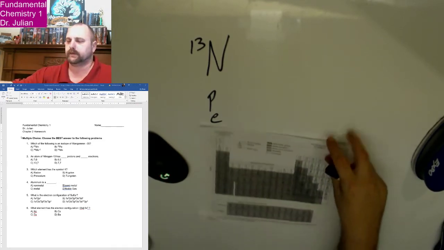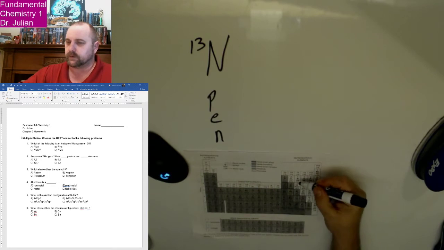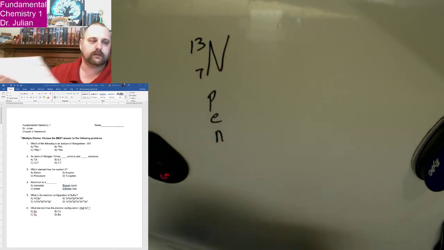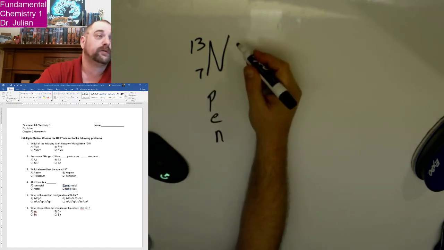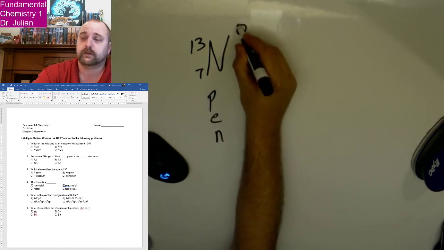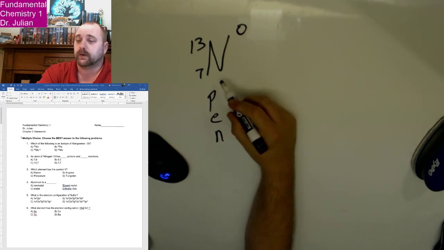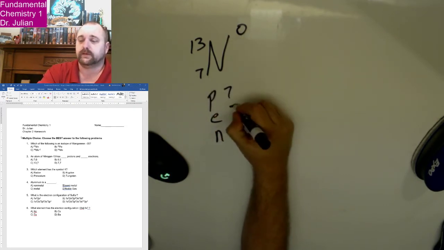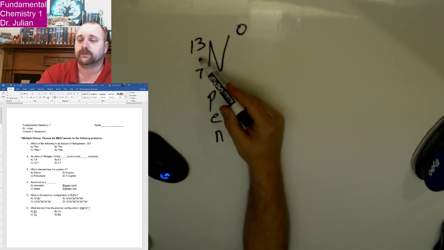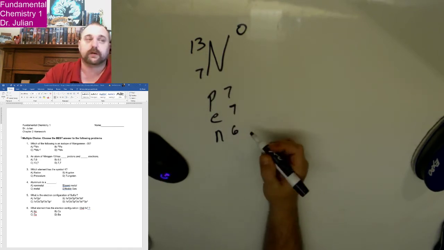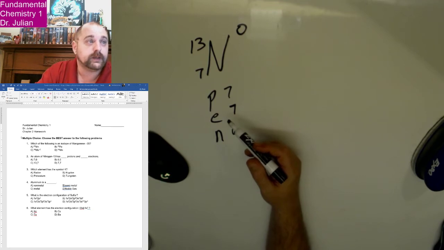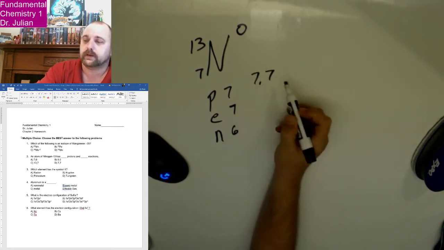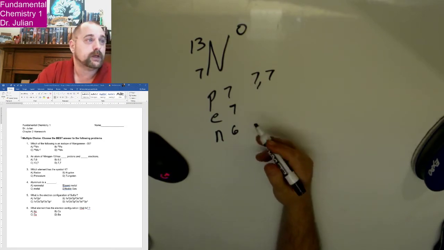The number there is 7. The number in the top right would be the charge. There was no charge indicated in this, so it's a 0. So I have 7 protons from that number. If that's a 0, it has 7 electrons. And then 13 minus 7 is 6 neutrons. Now, this particular problem asked me protons and electrons. So protons and electrons, 7 and 7.